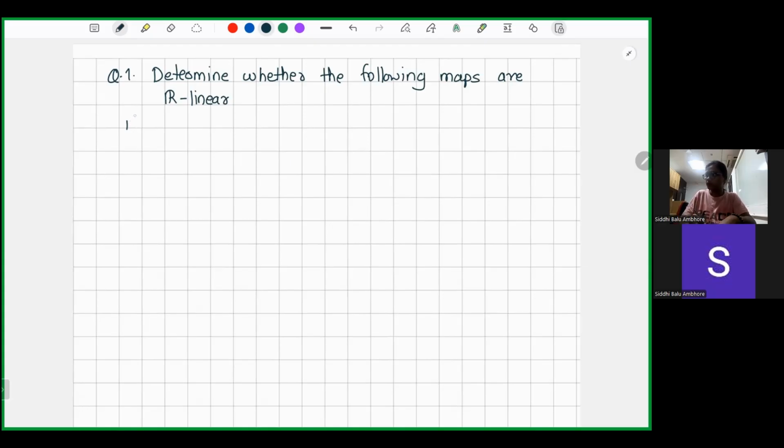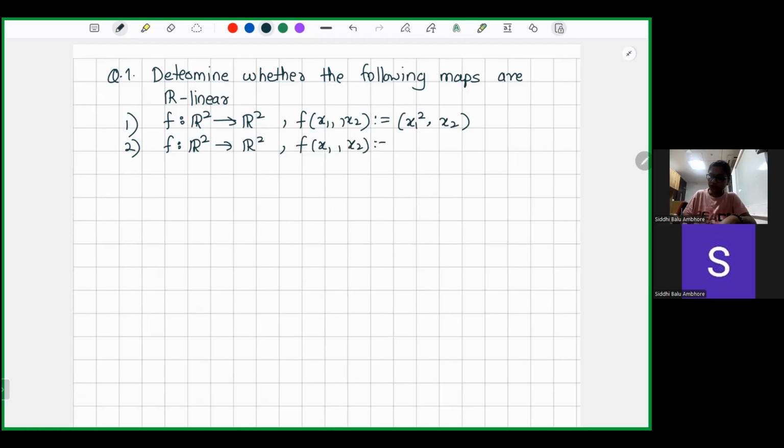First one, f from R2 to R2, f of (x1, x2) is defined as (x1 square, x2). Second one is f from R2 to R2, f of (x1, x2) defined as (x1 plus 1, 0).